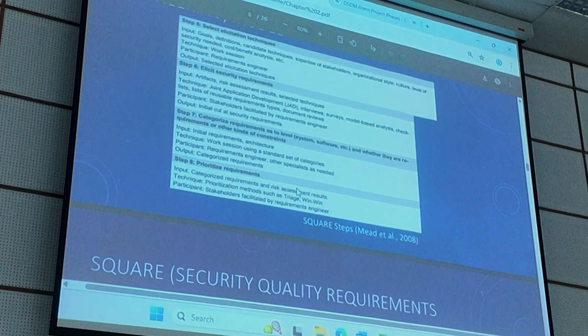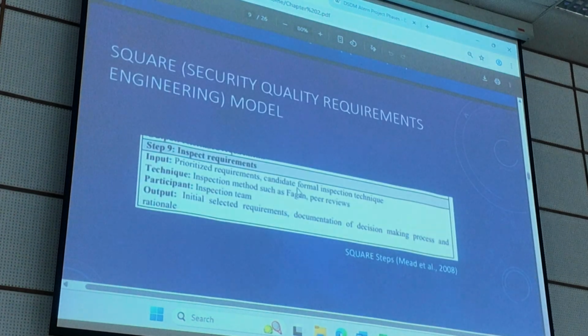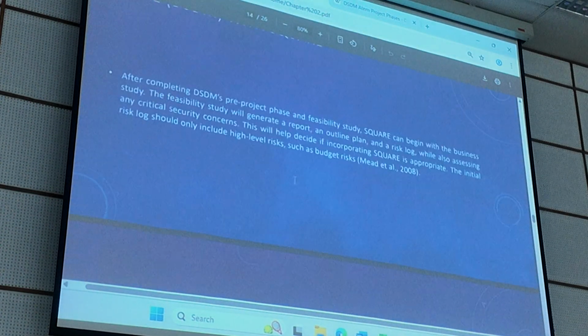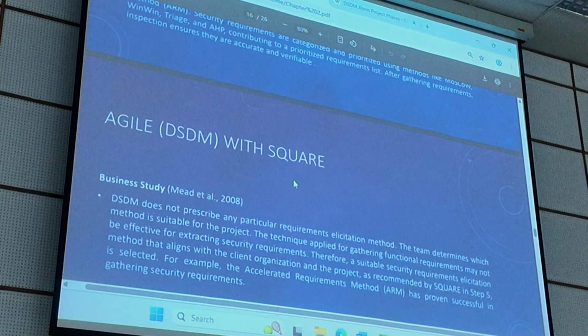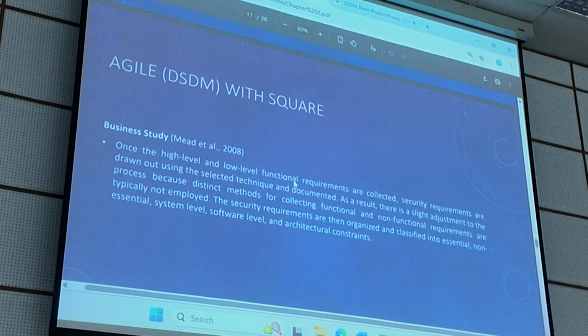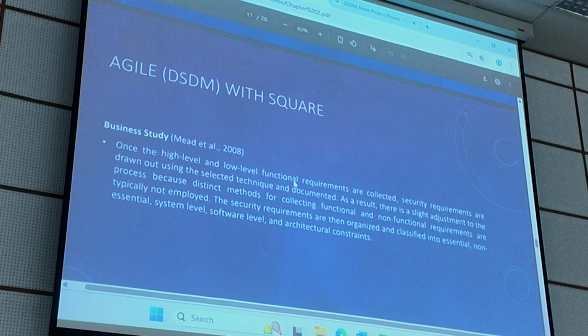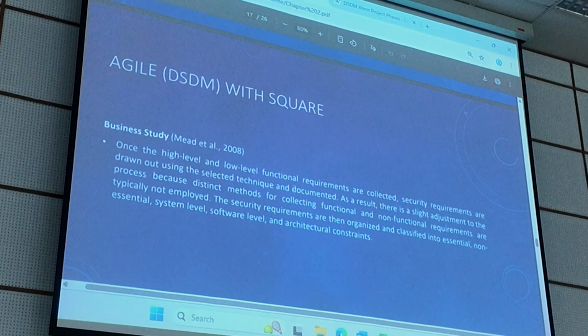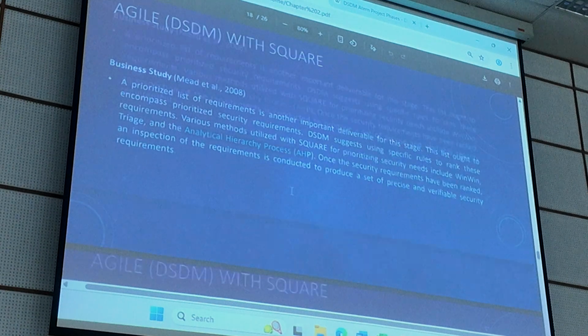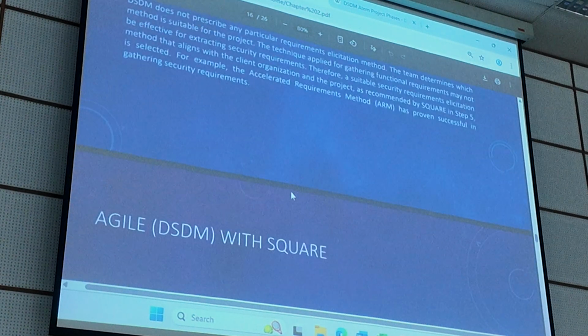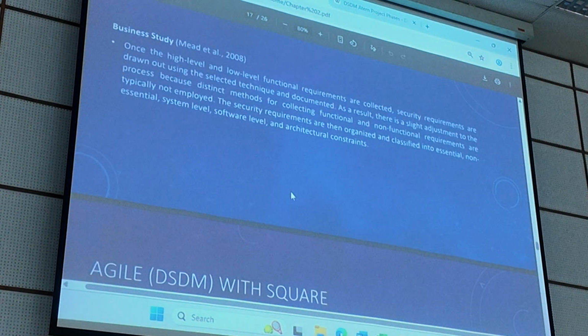Understand? Why? Because this is iteration. Each iteration in the DSDM may not be intended for the same part of the system. So for a different part, you have to repeat the steps in the iteration. You see this one?